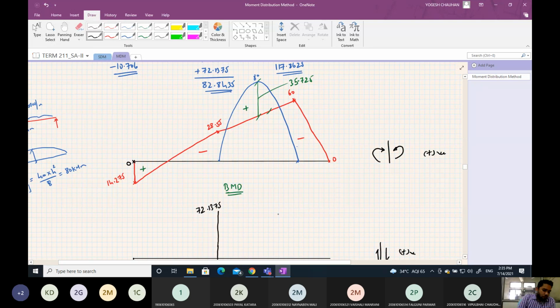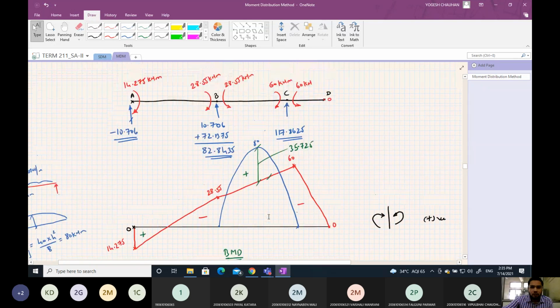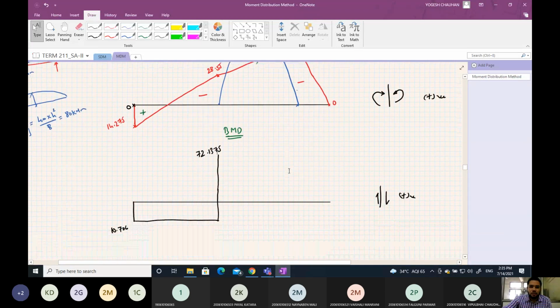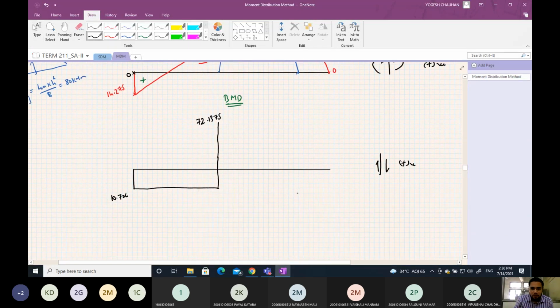Now there is a UDL, so as we move, the shear force diagram will keep on decreasing up to the left of point C. Up to the left of point C, the value of the shear force will be 72.1375 minus 40 into 4, that is minus 87.8625, and it will keep on varying linearly.